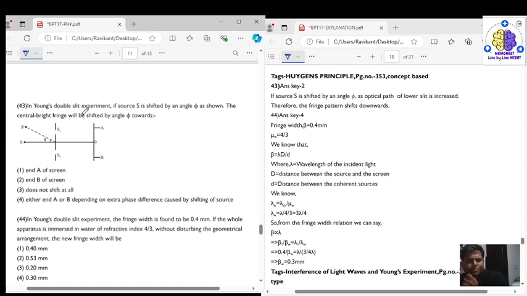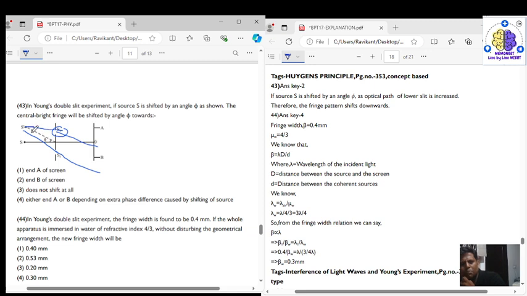Now see, if the source is being shifted like this, then the path difference, if you understand it like this, the path from the source to S1 has to be traveled more in this direction, right?